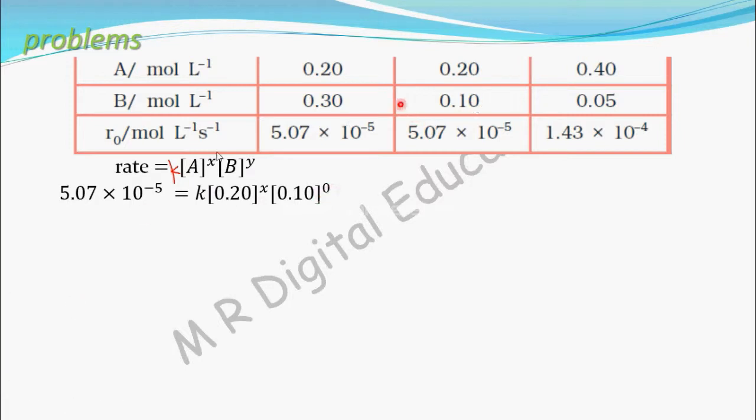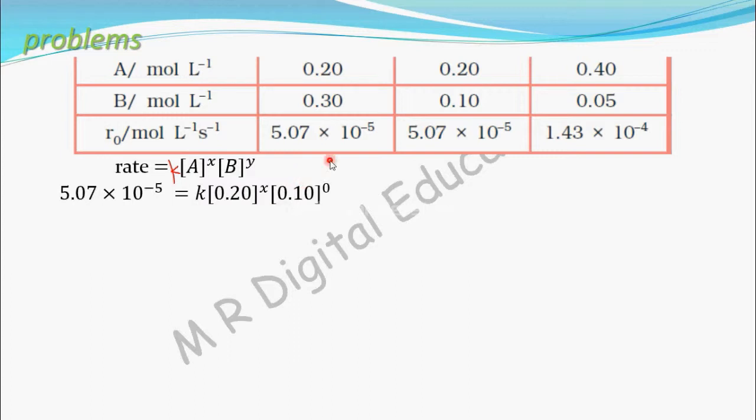Write down the data. Rate is 5.07 into 10 to the power minus 5. Keep k as it is. Concentration of A is 0.20 to the power x, and concentration of B is 0.10 to the power 0. Why is 0? Just now you found out order with respect to B is 0.